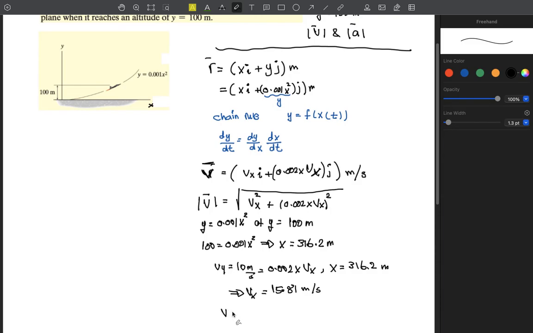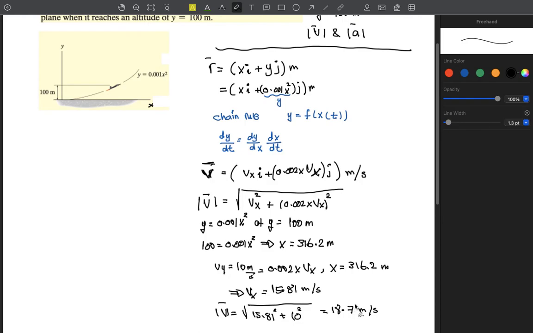So you'll get V, the magnitude of the velocity, equals the root of 15.81 squared plus 10 squared, because this is Vy. So this value would be 18.7 meters per second.